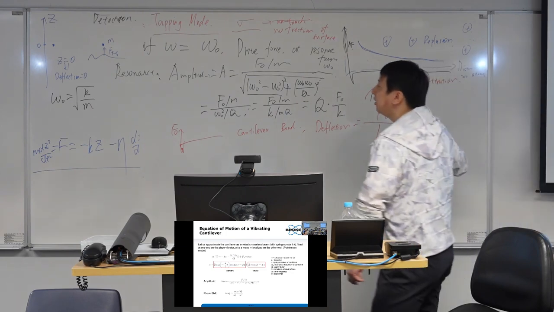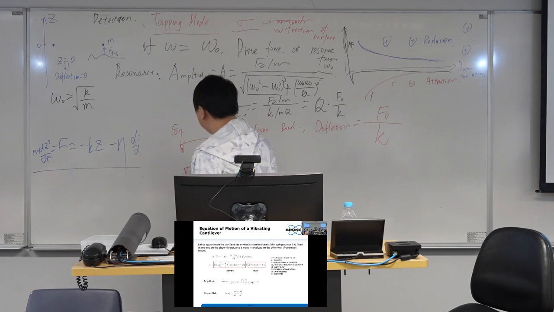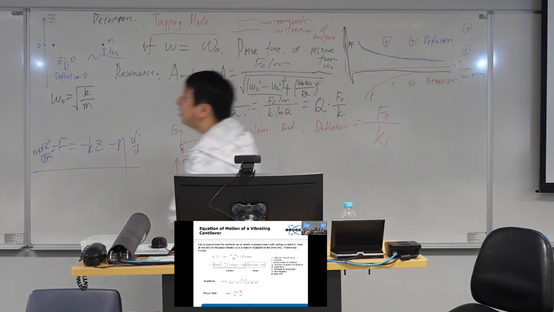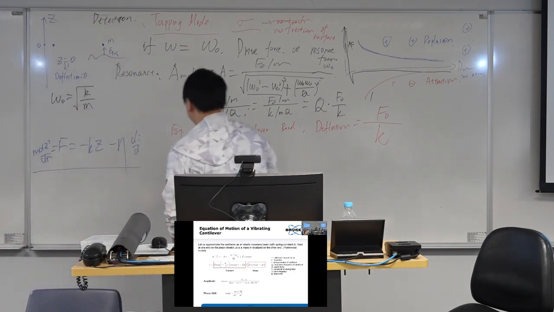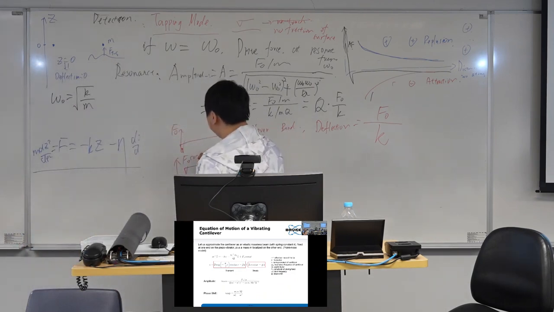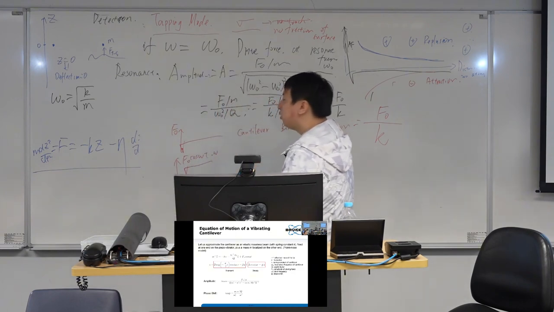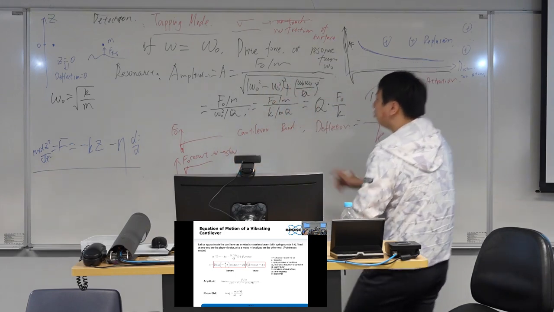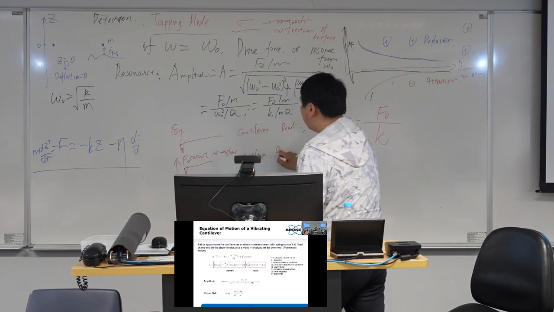That's quite easy. So if we apply an F0, but this time we make F0 an oscillating drive, F0 cosine omega t, and we make omega quite slow, we would consider the cantilever will bend.